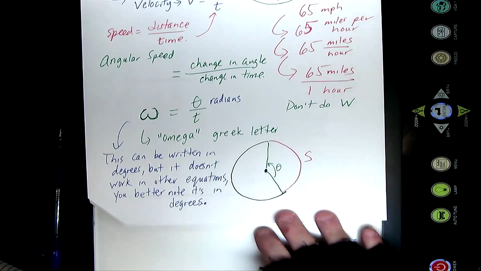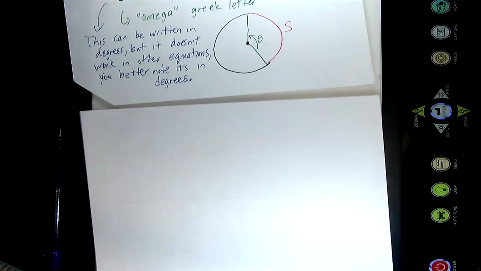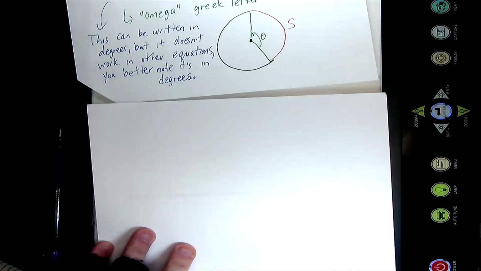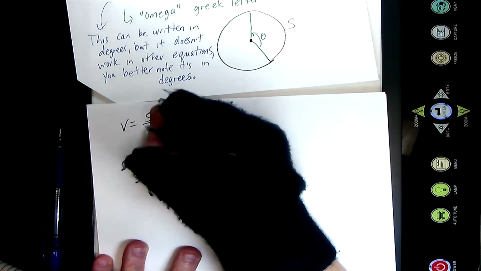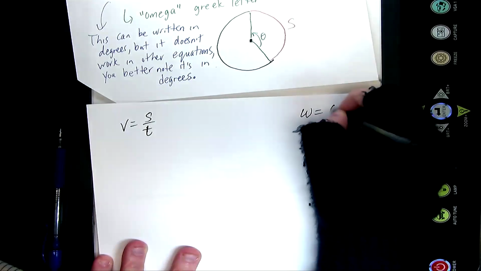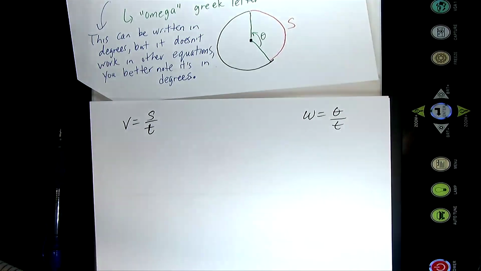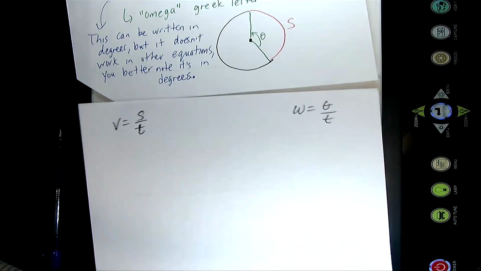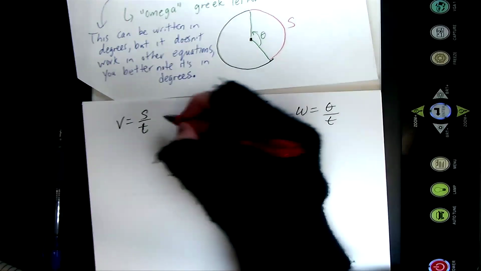So how can we relate these two? Arc length over t, subbing in theta?